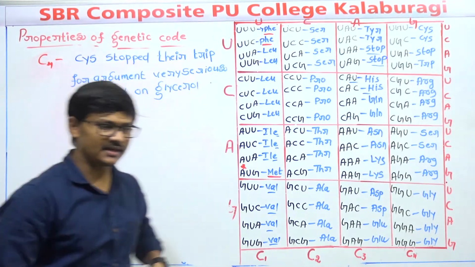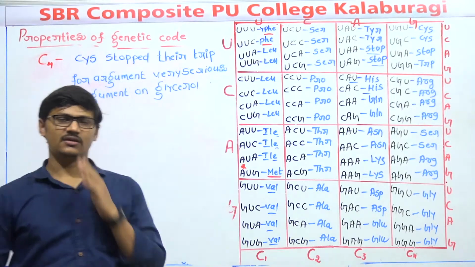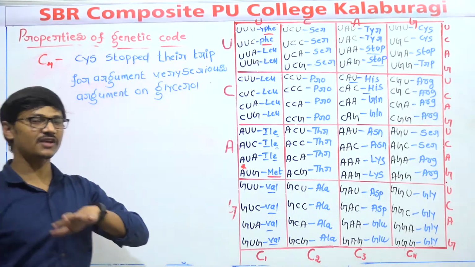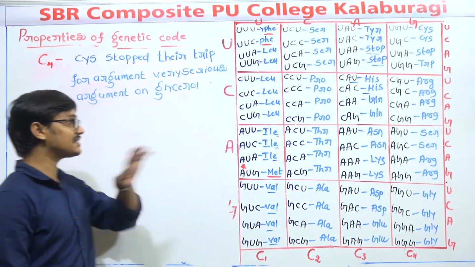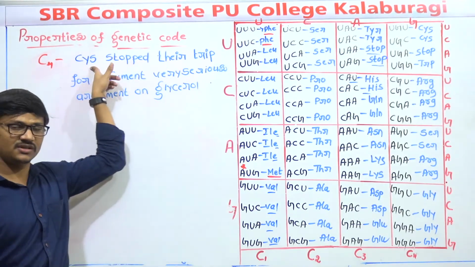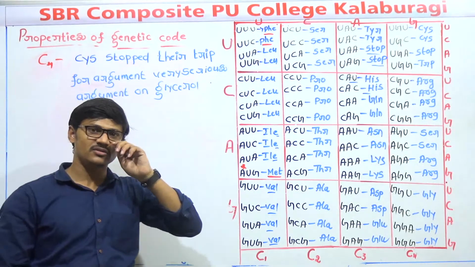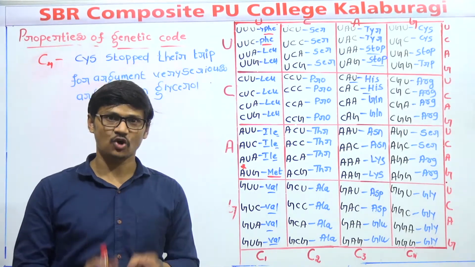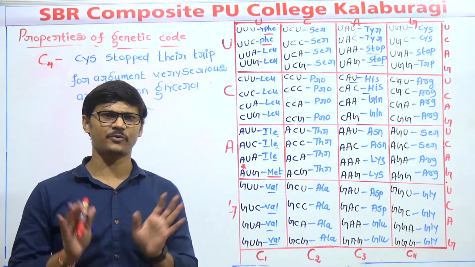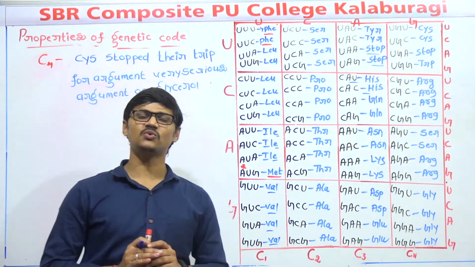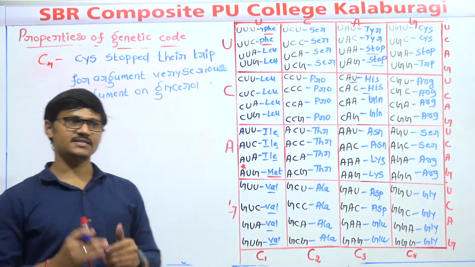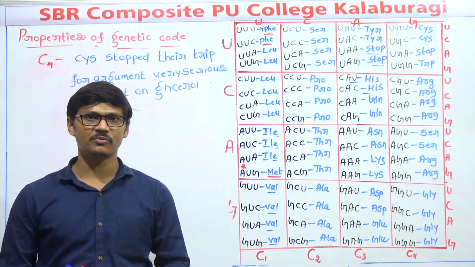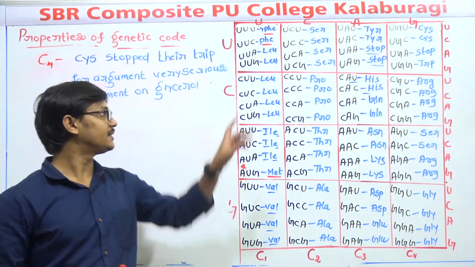So just imagine there are 2 sisters, and a sister we also call a cis. For our convenience of understanding, I have written CYS. There are 2 sisters on a trip, and you know that whenever 2 sisters are together, they never talk, they only fight and argue. So they started arguing, and that argument turned into a serious argument, and they stopped their trip.